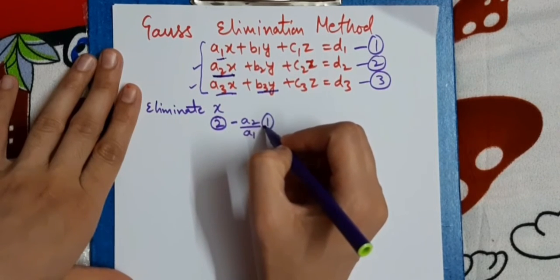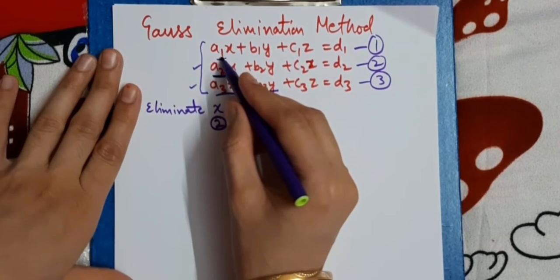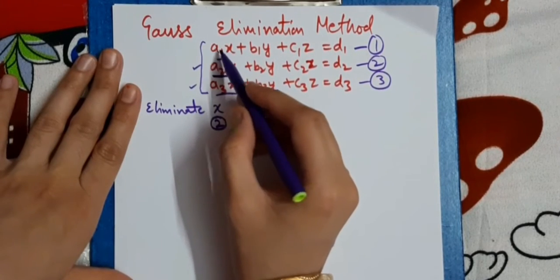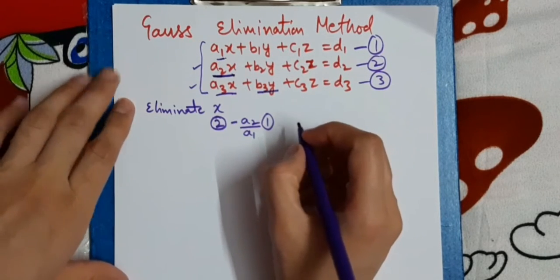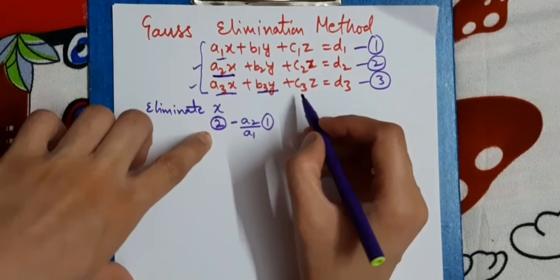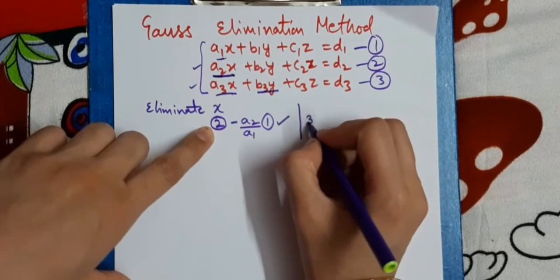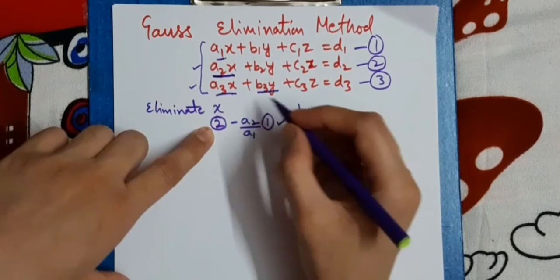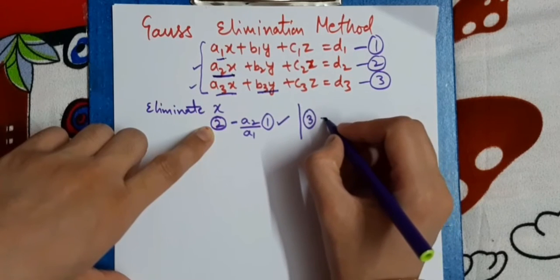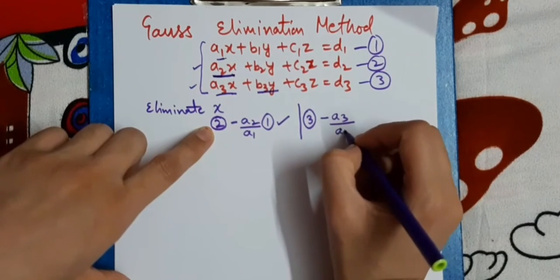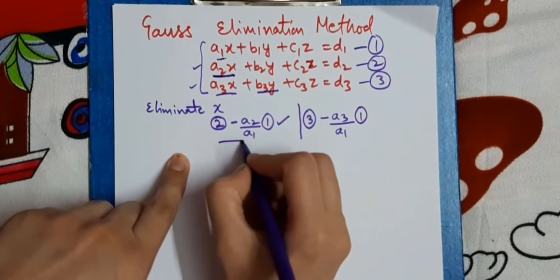When we multiply equation number 1 with a2 by a1, then a1 cancels, we are left with a2x, then minus a2x plus a2x will cancel, and x will be eliminated. So to eliminate x from equation 2 we will use this, and from equation 3 we will use a3, because here we have a3, so we will multiply equation 1 with a3 by a1. Equation number 1.